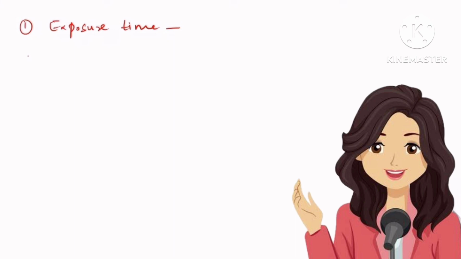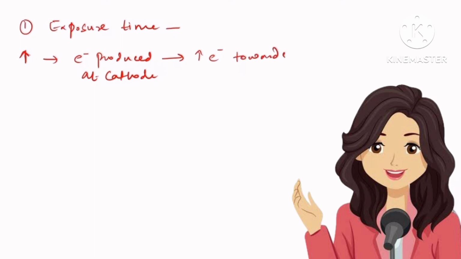When you increase the exposure time, what happens is the electrons produced at the cathode will be increased, meaning the number of electron cloud will increase. Then simultaneously, the electron cloud which is formed at the cathode will be sent to the anode. So there is increased electron going towards the anode.